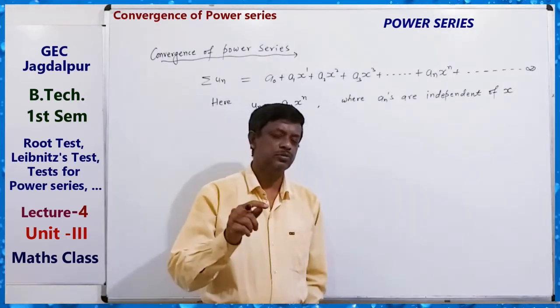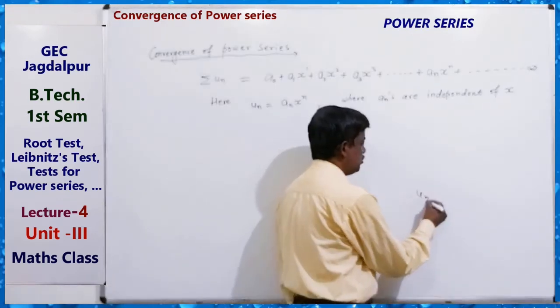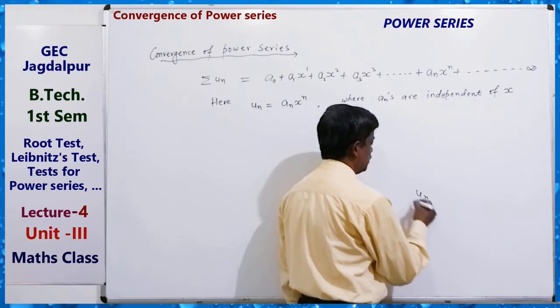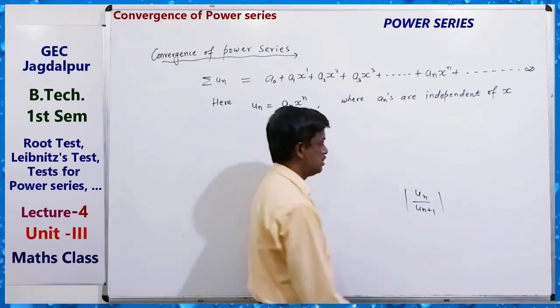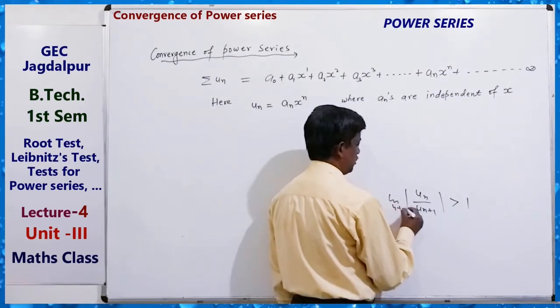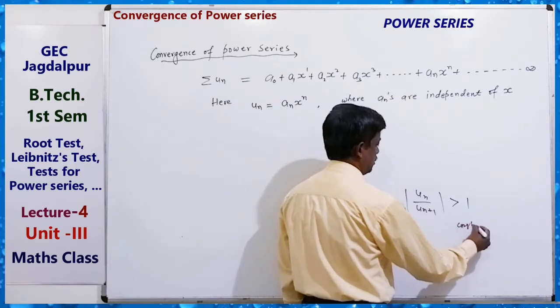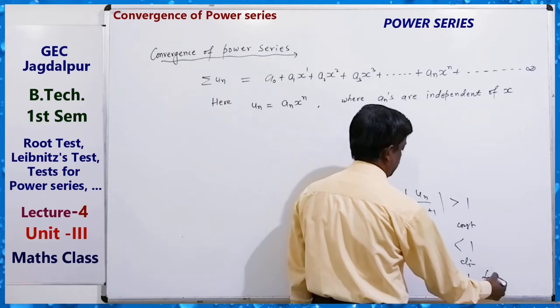Now we will use the ratio test, taking un plus 1 upon un in place of un upon un plus 1. If the limit is less than 1, convergent; greater than 1, divergent; equal to 1, fail.